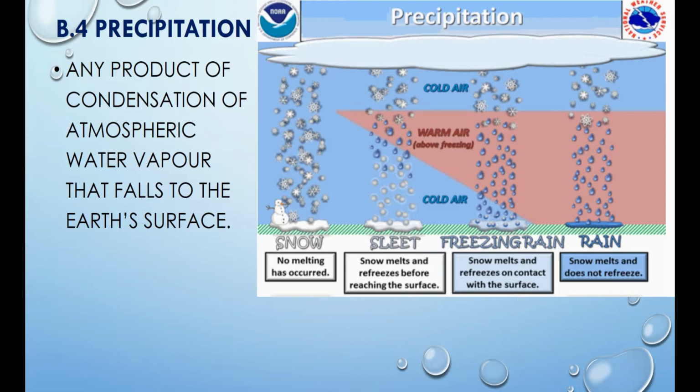Next is the precipitation. Precipitation is any product of condensation of atmospheric water vapor that falls to the Earth's surface. So any kind of weather condition where something is falling from the sky. So it can be snow, rain, sleet, freezing rain, or anything falling from the sky.